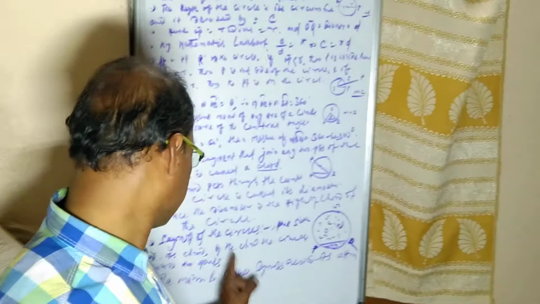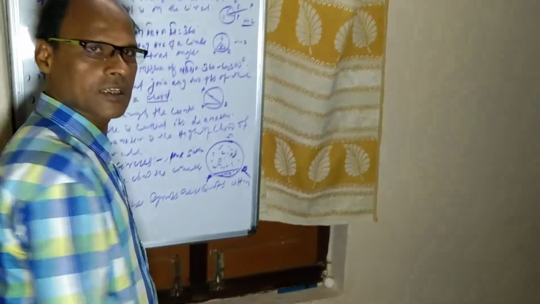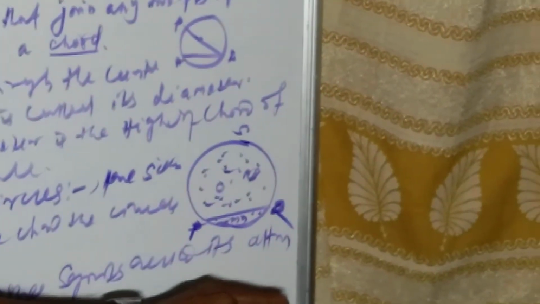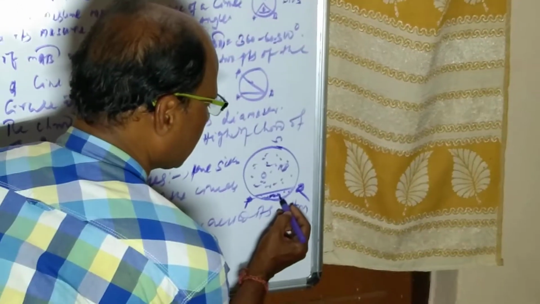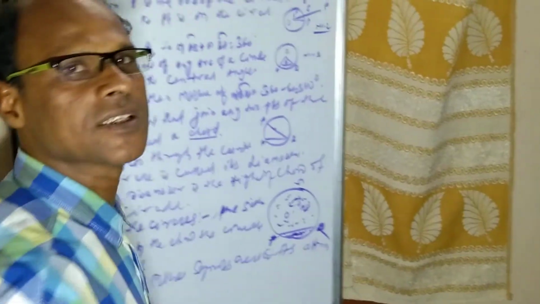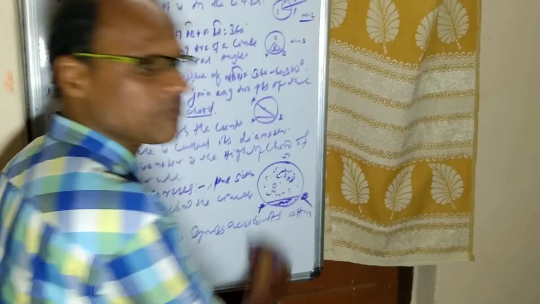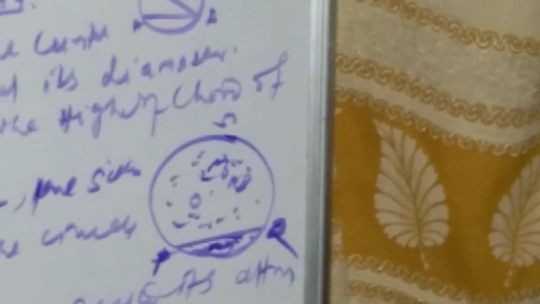Now, we discuss this picture. Here, S is a circle and the line segment PQ divides the circle into two parts. This is the minor part of the circle and this is the major part of the circle. The minor part and the major part are both called the segments of the circle.